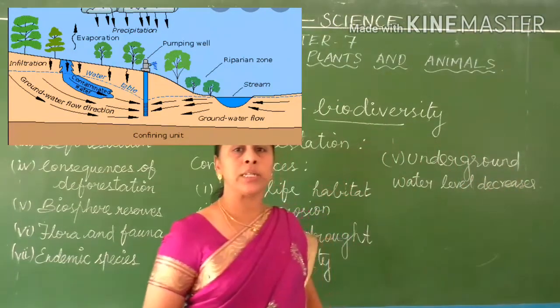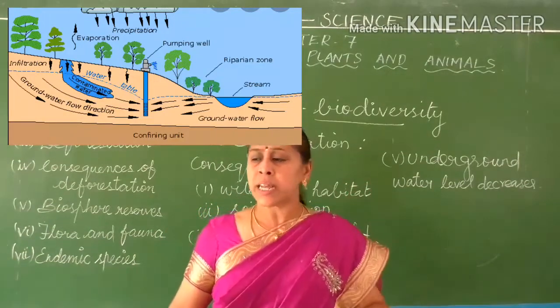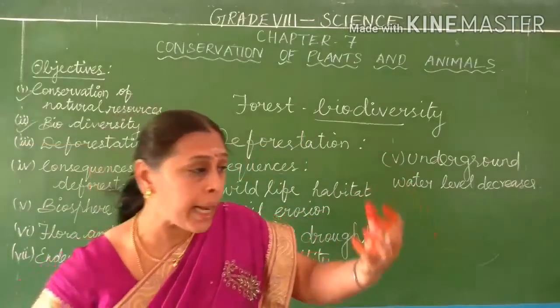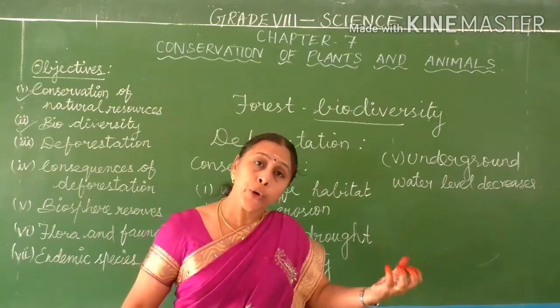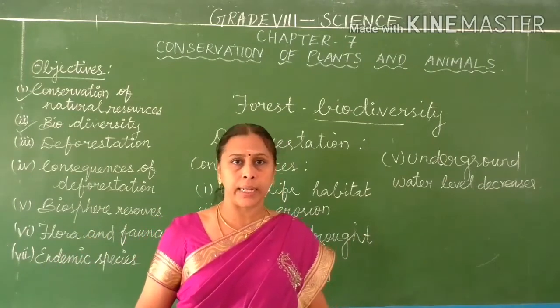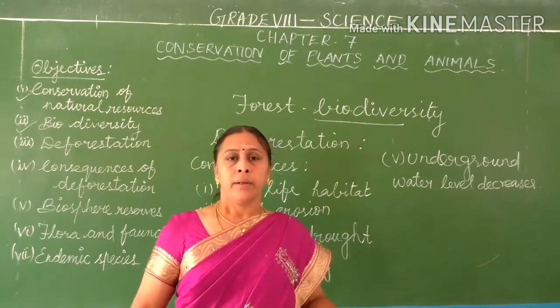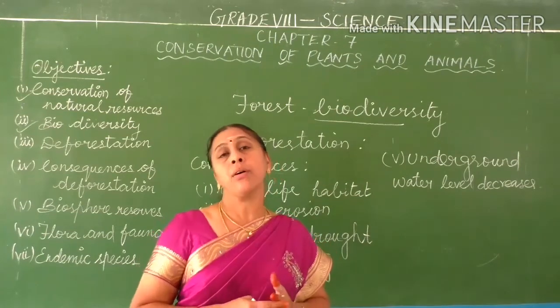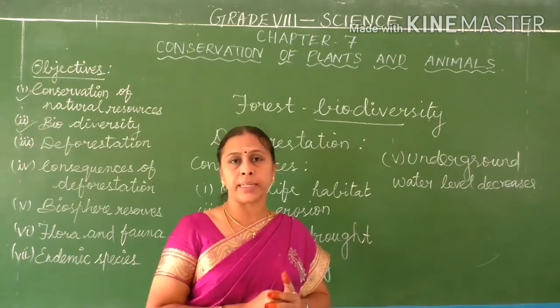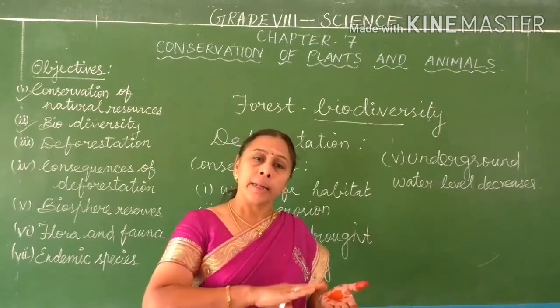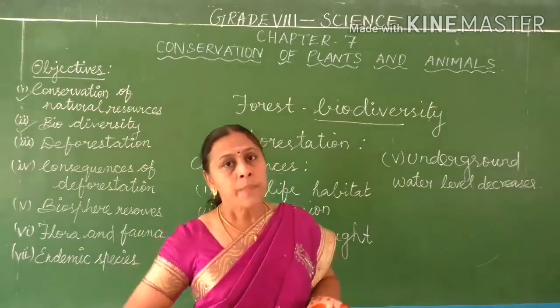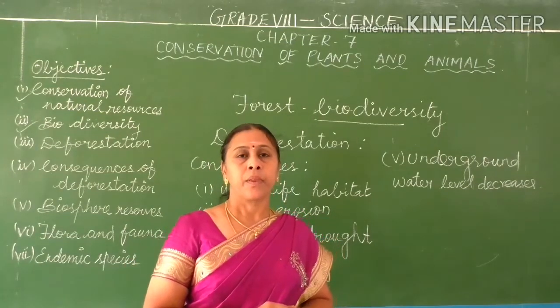Underground water level also decreases because the rainwater will not percolate into the soil. That means it will not enter into the soil particles. It can't retain that water. The water holding capacity of the soil will decrease. Naturally, the underground water level also decreases.